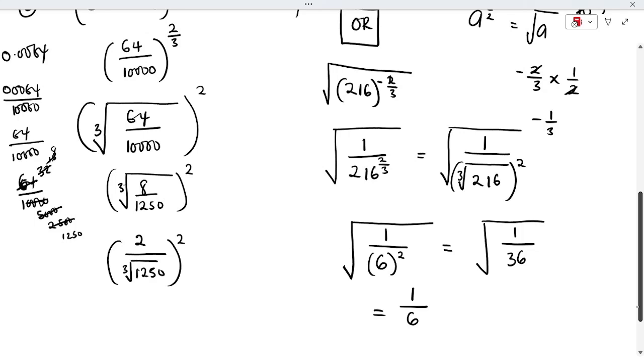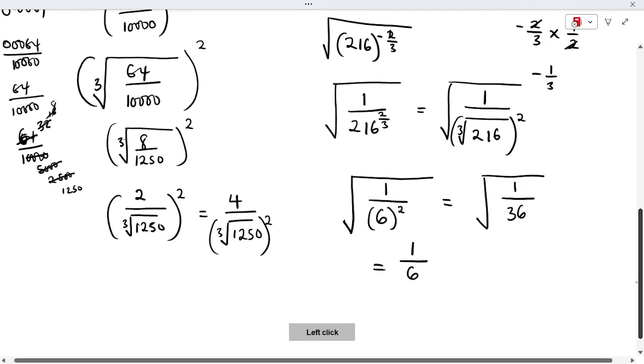So I guess you can stop here, or you can say the square affects what is inside the bracket. So 2 squared gives you 4 over the cube root of 1,250, which you couldn't simplify. So you leave it like that, and it will still be squared. So this is your answer.